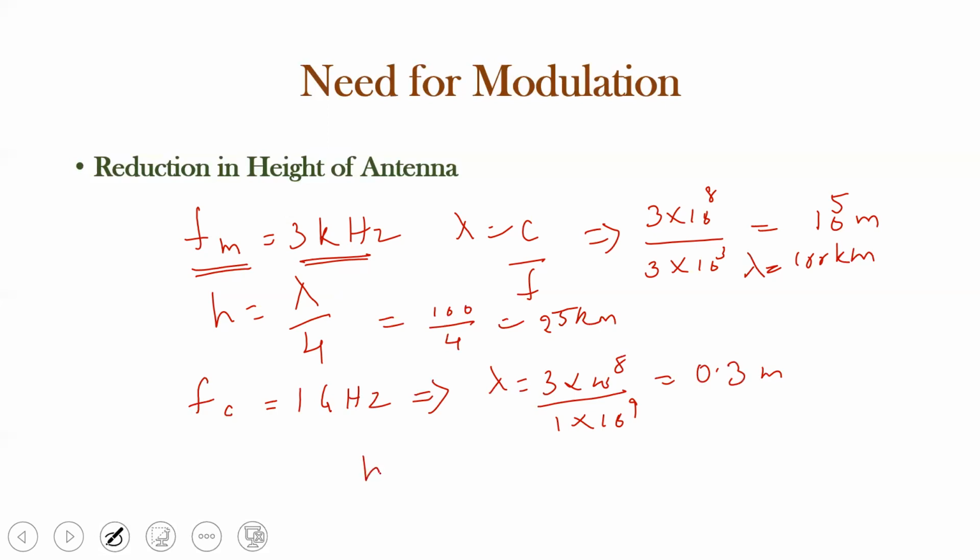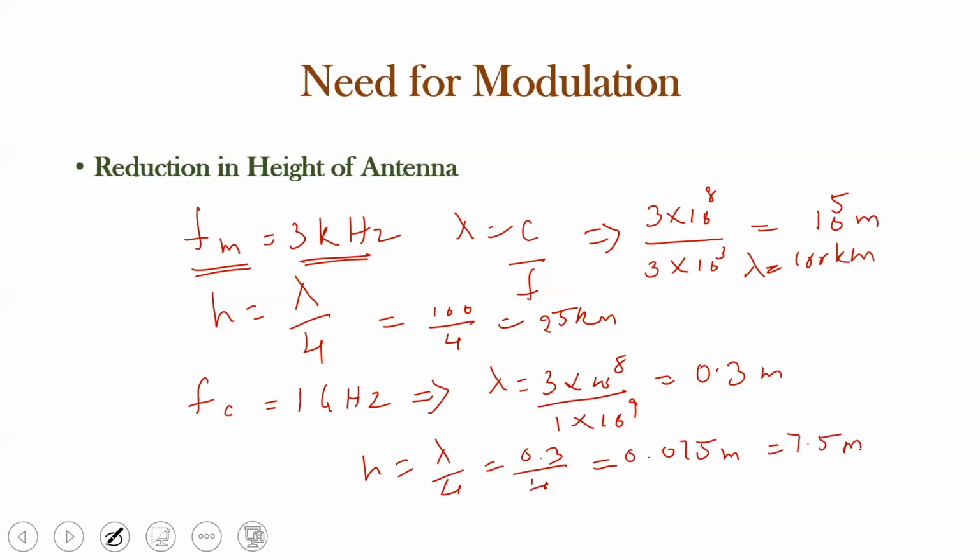Now for this, the height of the antenna is going to be lambda by 4, which is 0.3 divided by 4. We can say this to be 0.075 meter, or 7.5 centimeter.